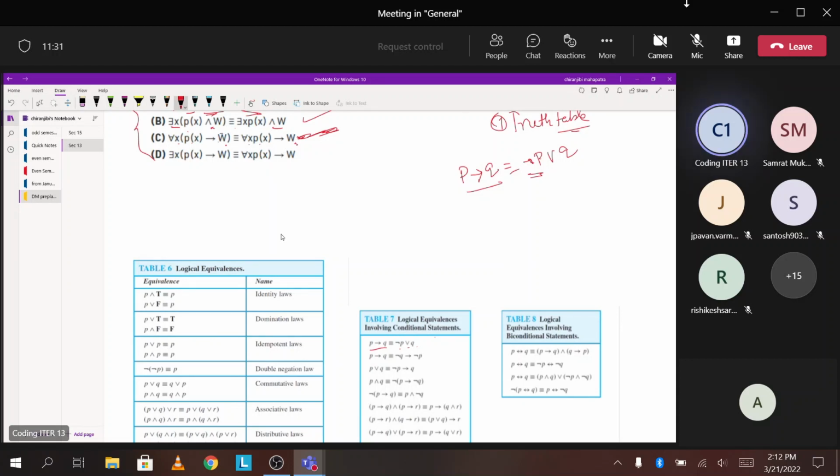In order to do that, we have to take the negation. So using this formula, this is for all x, P(x) then W, and we are going to split this one.